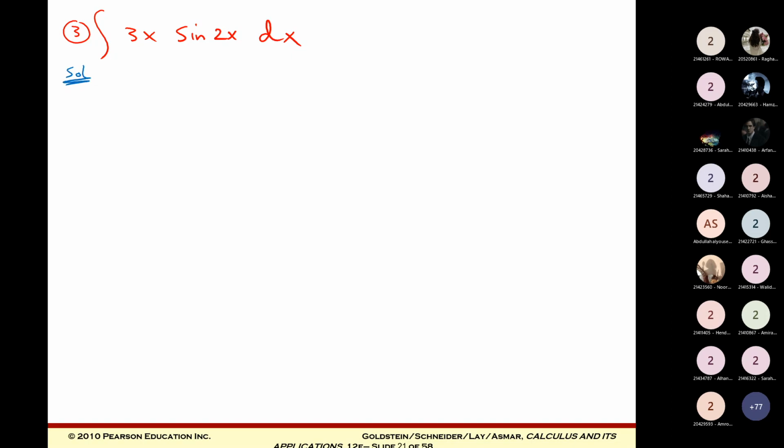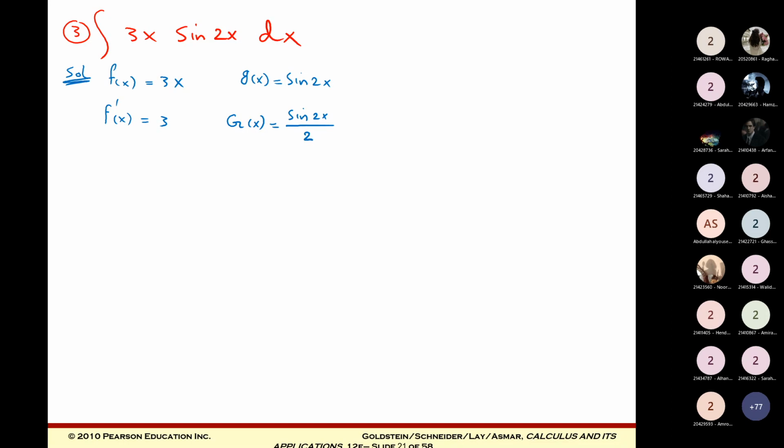Let's move to number 3. F of x equal what? Equal 3x, so f prime equal 3. Now g of x equal sine 2x, so G capital of x equal sine 2x over 2, dividing by the coefficient of x.